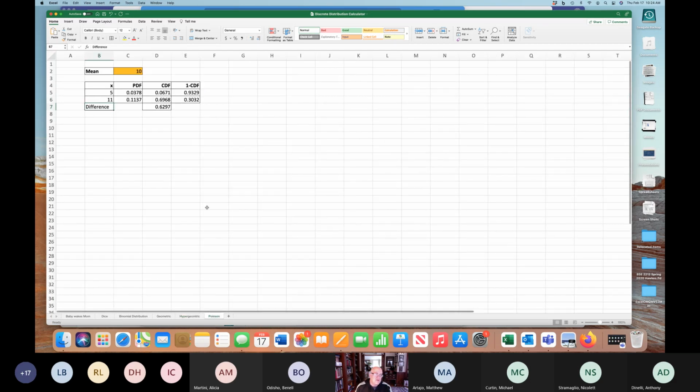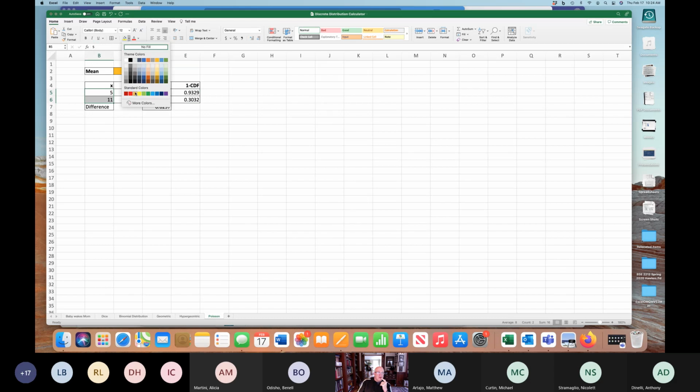The Poisson distribution gives you a mean. And so let's see, here is the output of this. You would put in the orange parts. You put in a mean. And we don't know how big the mean is, so we don't know what the x's are going to be.